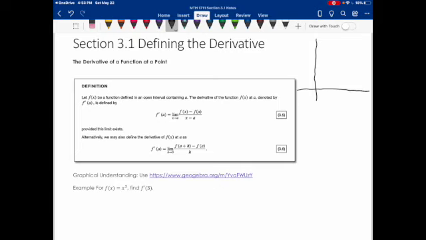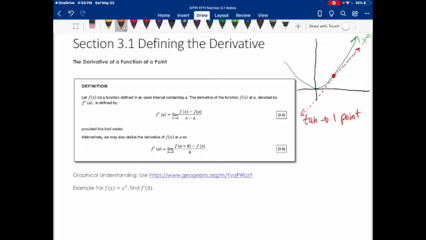When we look at a curve, I'll just use x squared as my example because we're all very comfortable with x squared. If I want to find a point on that curve and find the slope of the line that just touches that point, this is called the tangent line because it touches at one point.